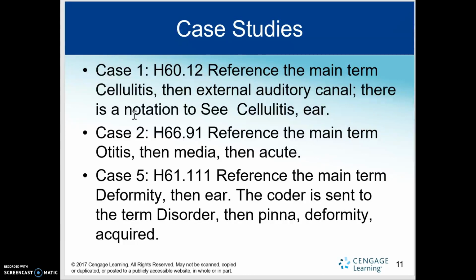So go back up a little bit. Cellulitis, external, H60.1 with a check mark. So you have to flip to the back to H60.1, which if you threw your pen in there, we were already there just a few minutes ago. H60.1, and we need it of the, what ear did it say he was having a problem with? Left ear. So H60.12 is going to be our answer here because it's of the left ear. There is a notation to see cellulitis in ear in the index, so that did kind of help direct us to where to go when we were in the index, but it didn't give us that 5th digit that we needed to complete this code.